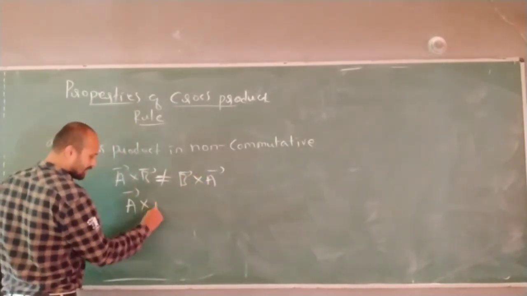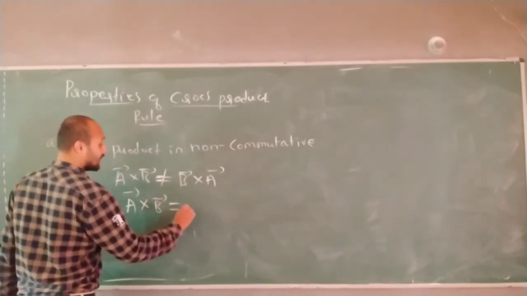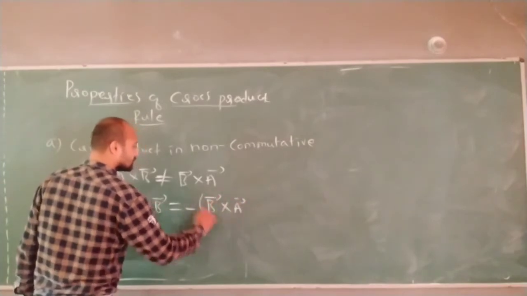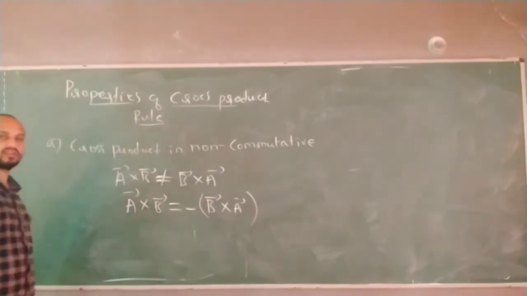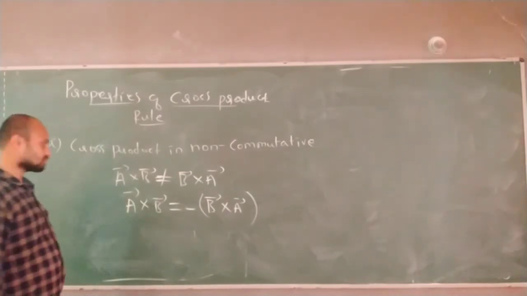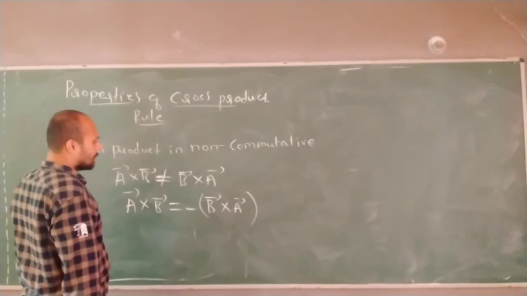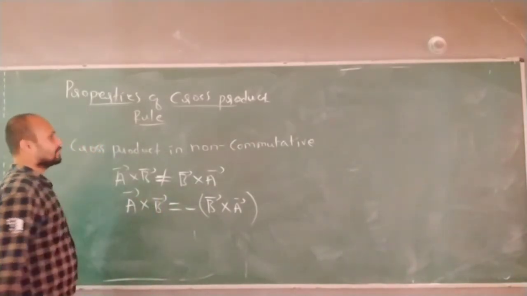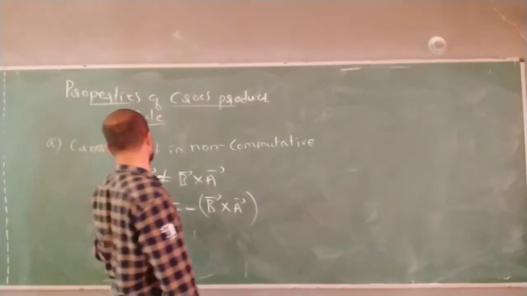A cross B vector is equal to minus of B cross A. This is one important result. Got it? Minus of B cross A. The magnitude might be equal. This is the first property.